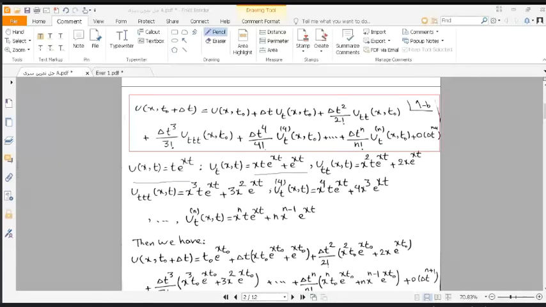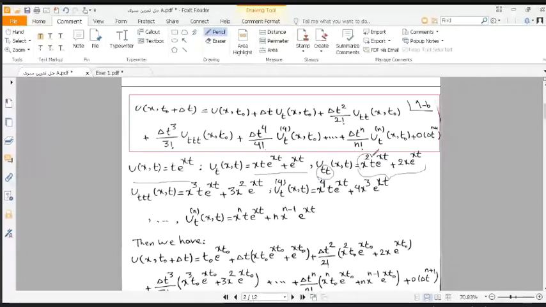The second derivative, or utt, equals x squared t e to the power xt plus 2x e to the power xt, by using the product rule for the derivative. Please pay attention. utt is the second derivative and we have x squared t e to the power xt plus 2x e to the power xt.